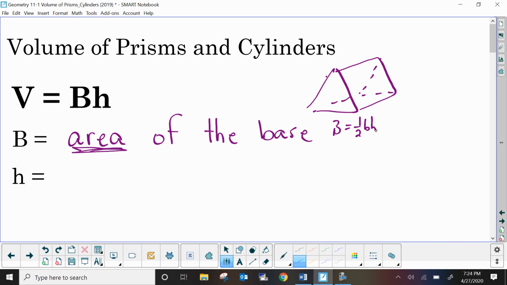All right, so you have to focus on just the triangle. If we have a rectangular prism, then my capital B becomes base times height, the base and the height of that rectangular base.